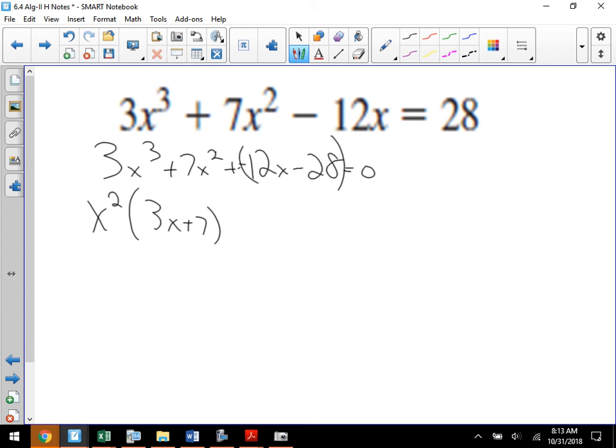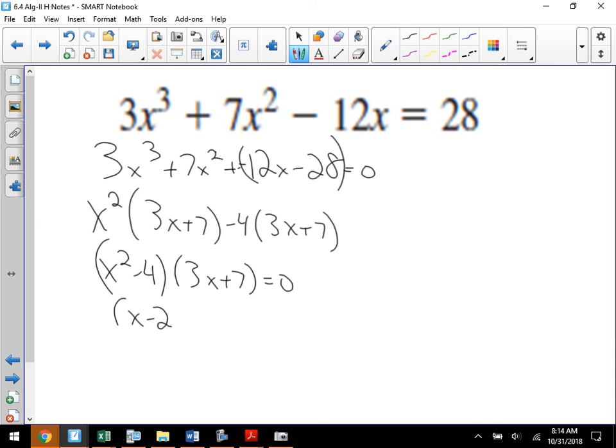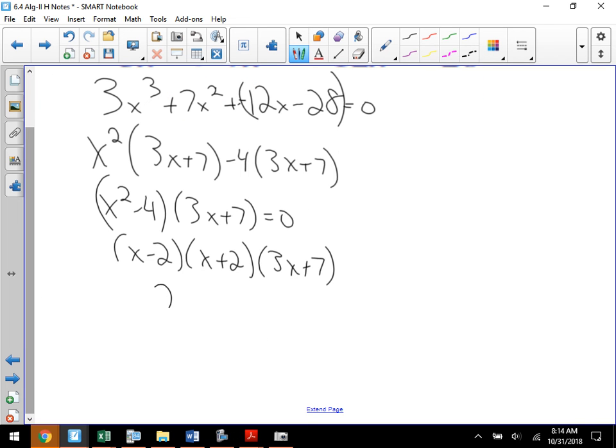Take out the, excuse me, negative 4. So then you have x minus 2, x plus 2, 3x plus 7. That gives you 2, negative 2, negative 7 thirds.